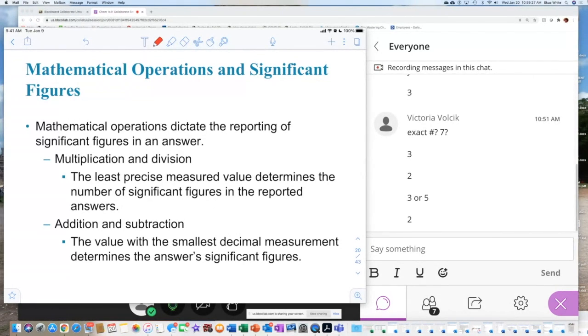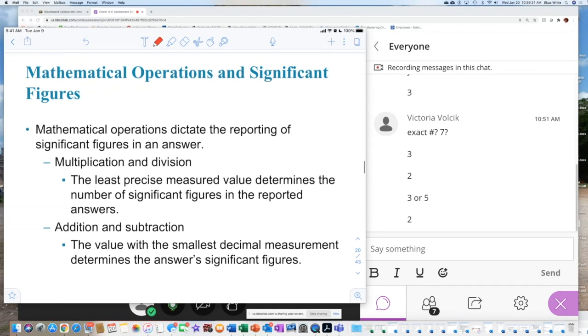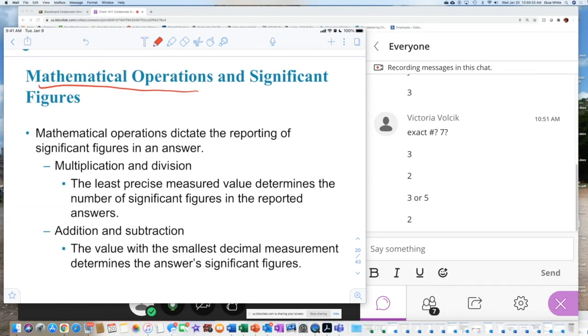When you're dealing with adding and subtracting versus multiplying and dividing, so mathematical operations here, remember adding and subtracting goes together, multiplying and dividing goes together. Okay, so we're told mathematical operations dictate the reporting of significant figures in the answer. So in other words, the operation drives what you do and how you count the significant figures.